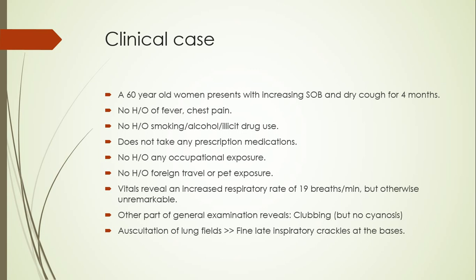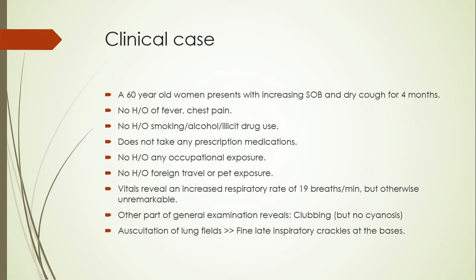This means that hypoxia is present, but it's not very severe, or maybe the patient is anemic, for which cyanosis is absent. Auscultation of the lung fields reveals fine, late inspiratory crackles at the bases. This is a classic description of interstitial lung diseases or diffuse parenchymal lung diseases.